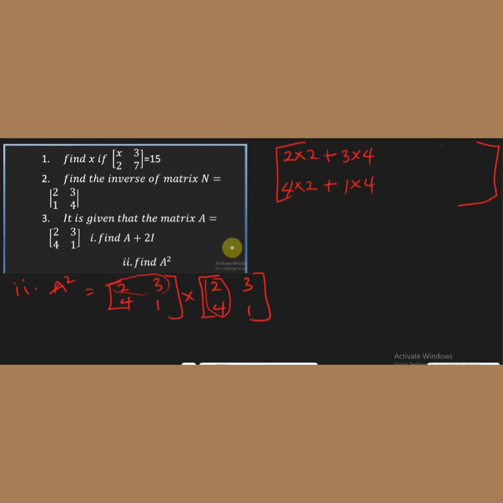So doing that is going to be 2 times 3 plus 3 times 1.